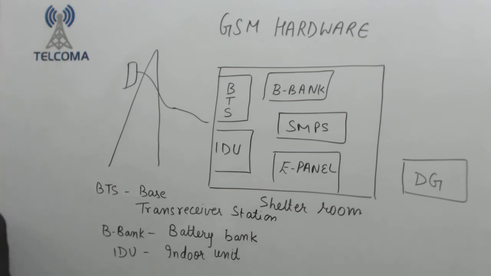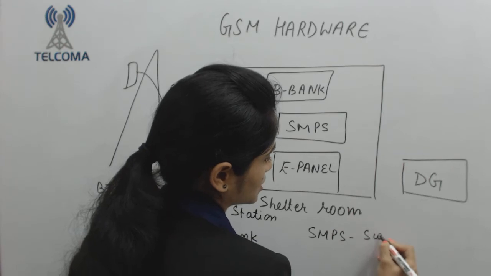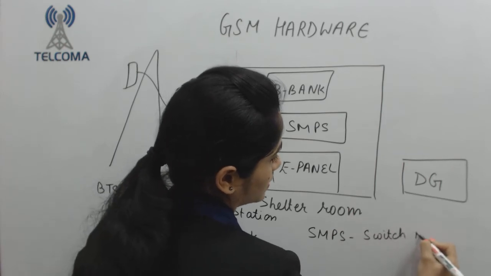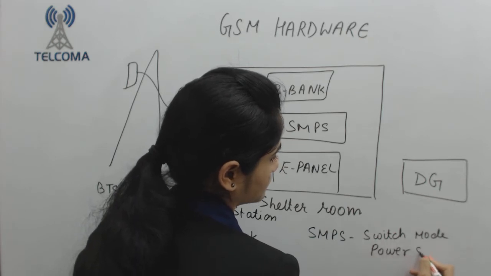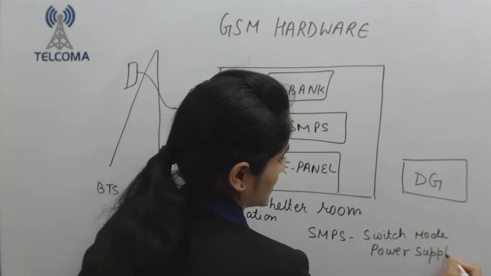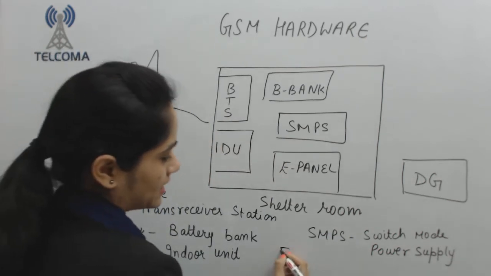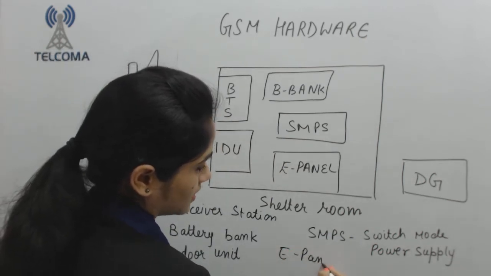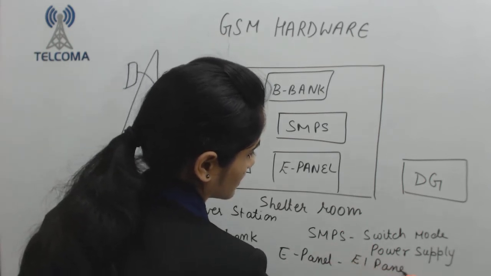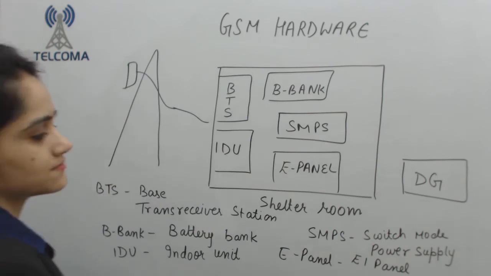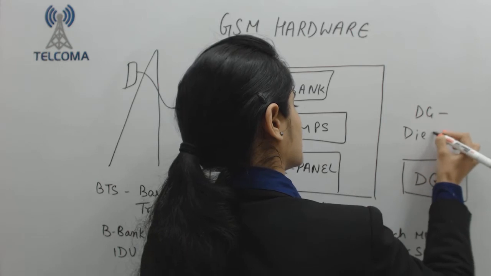Then we have the SMPS, which is switch mode power supply. We have the E panel, which is the E1 panel. And then we have the DG. DG is diesel generator.